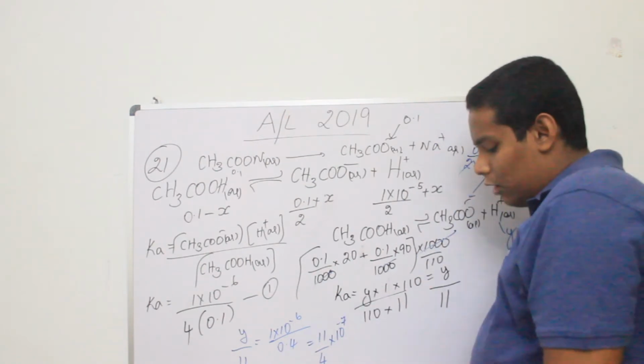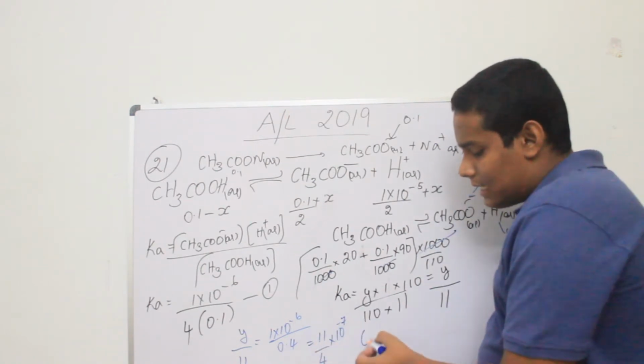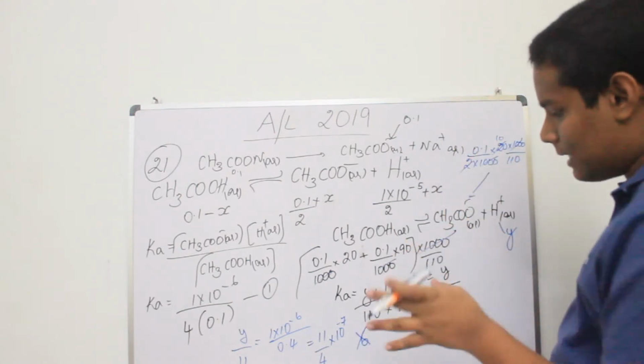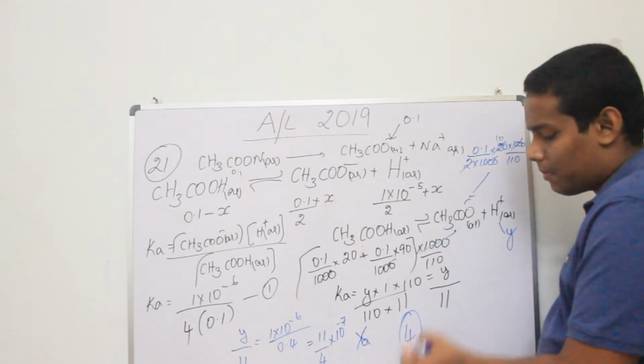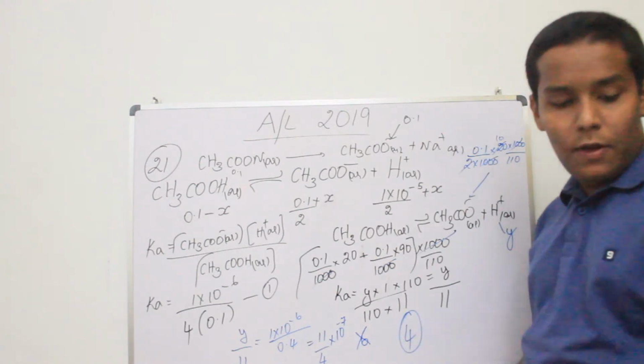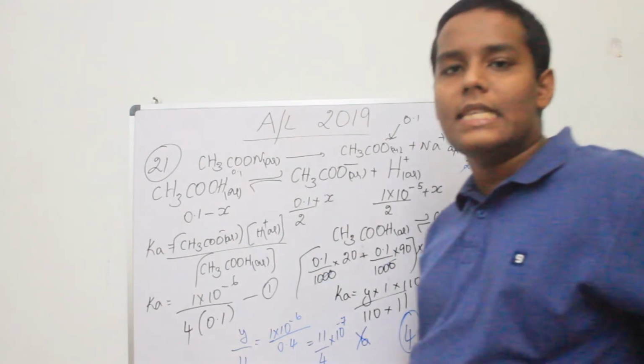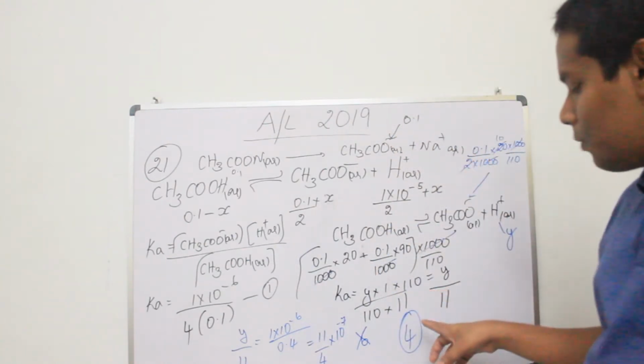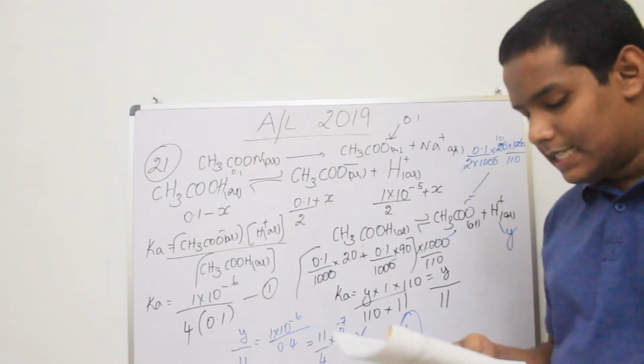So a value that is substantially lower than 6, it can't be 6. The best answer you can go for is 4. So your pH should be 4. Question number 21, answer is number 2. Actually you had to do all this calculation just to come to a wild guess like this.